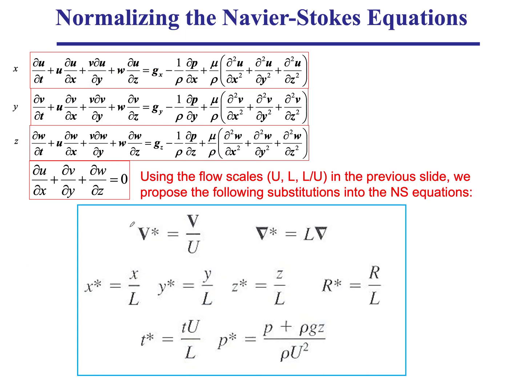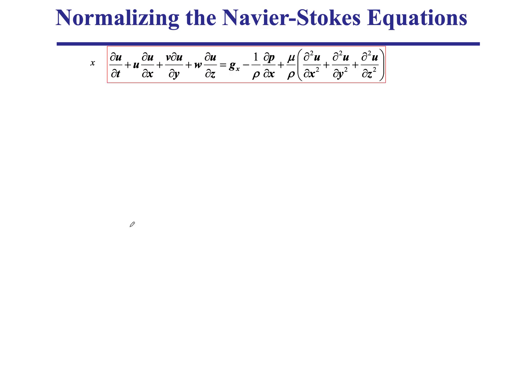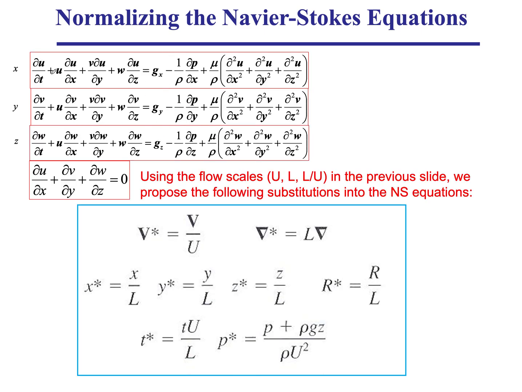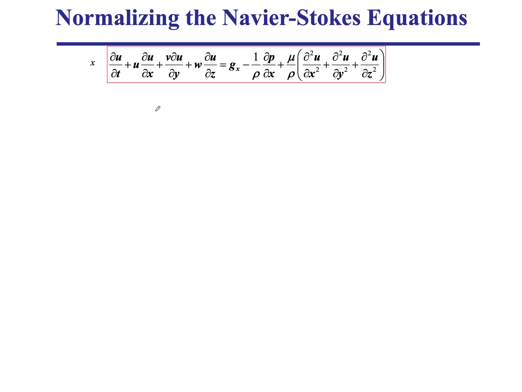So the way I would like to do this, in fact, let's look at one of those, the x component of the Navier-Stokes equation. You'll see in the equation I have velocities u, v, and w, and I also have time t, and lengths x, y, and z.